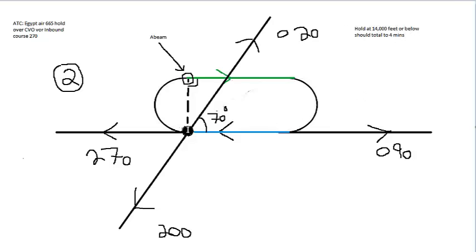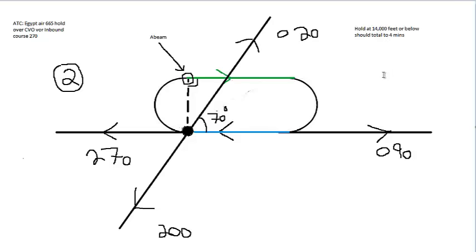Why is it 4 minutes? This is 1 minute the turn, 1 minute also here in the outbound, 1 minute into the turn to the inbound leg, and 1 minute onto the inbound leg itself. So a complete total of 4 minutes for the whole holding pattern. That is at 14,000 feet or below.